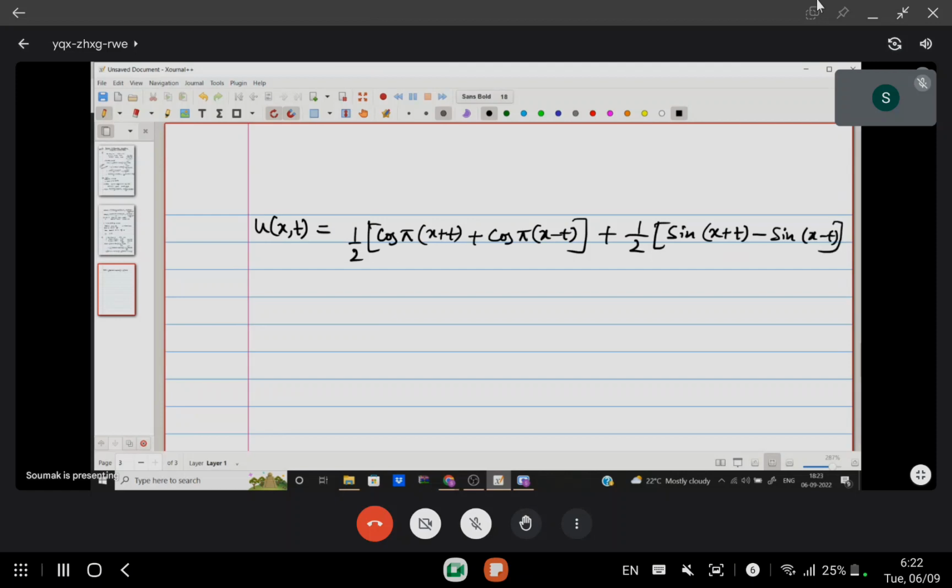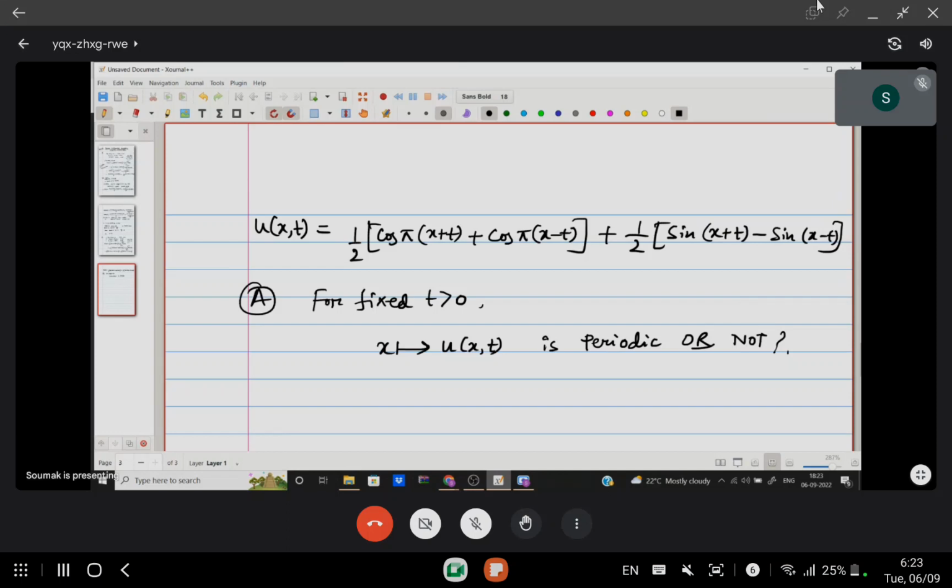Okay. So option A is saying that for fixed t positive, the function x goes to u(x,t) is periodic or not.